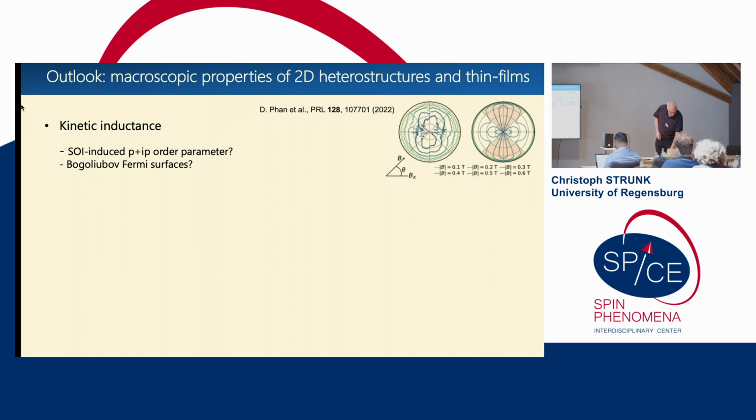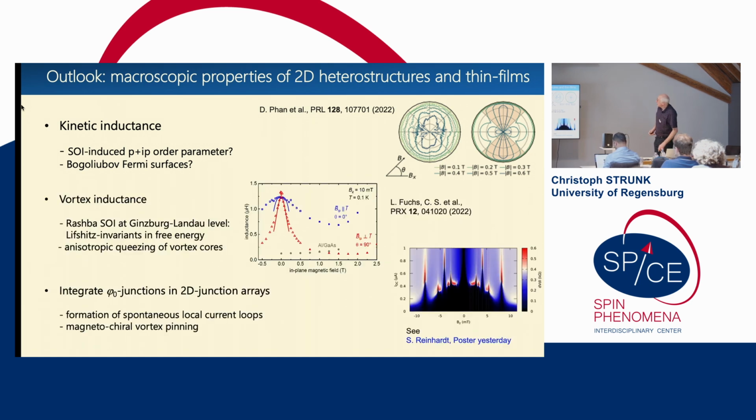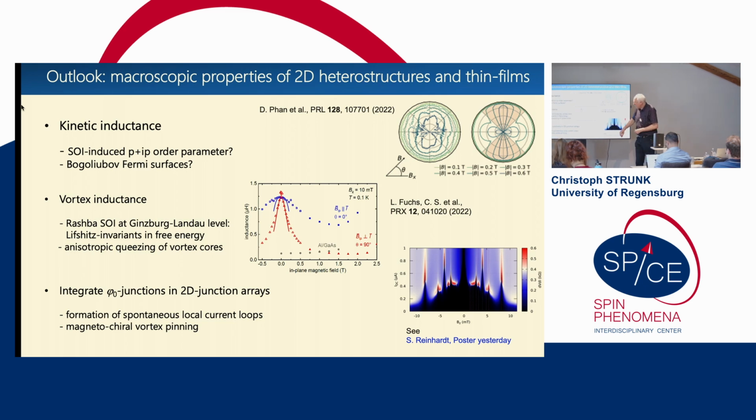Okay, now before concluding, let me just mention a few more examples of what the inductance is good for. First, you can search for anisotropies in the superfluid density, which tells you density is a bad name, right? Because the density should not have a tensorial character, which are actually consistent with the concept of Bogoliubov Fermi surfaces.